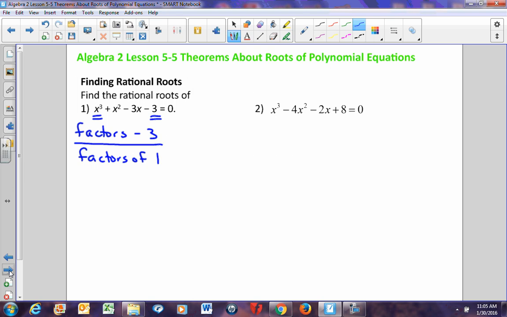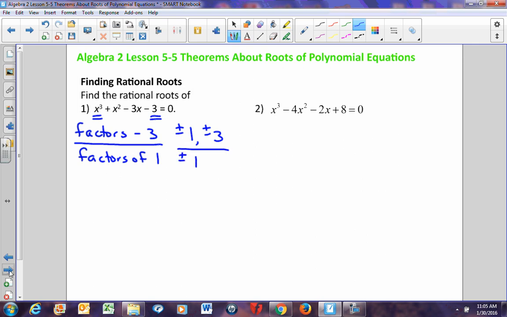I know all the factors of negative 3 are positive and negative 1, and positive and negative 3, because plus 1 times negative 3 gives me negative 3, and minus 1 times positive 3 gives me negative 3. Now, all the factors of 1 are plus and minus 1.